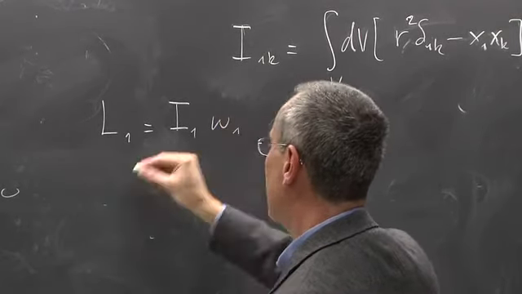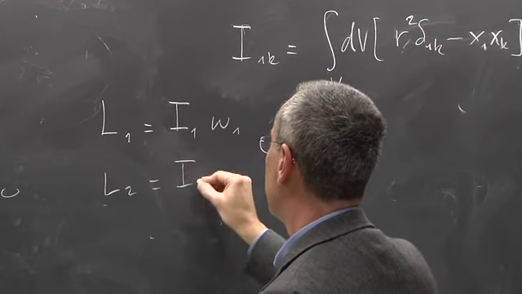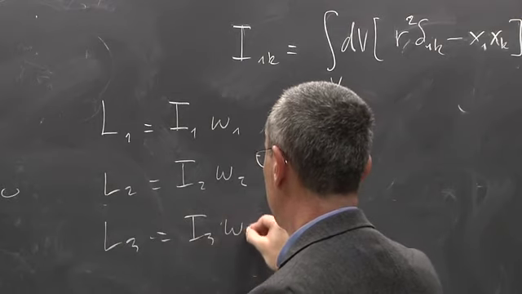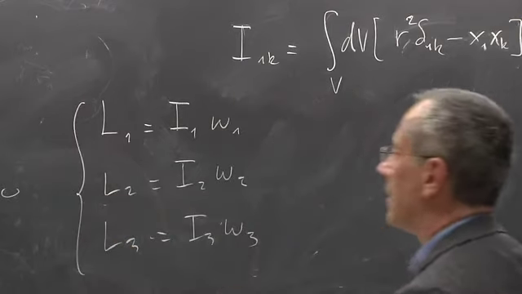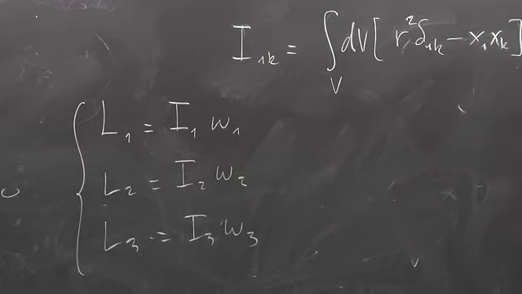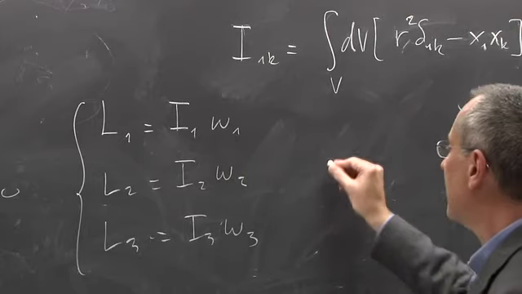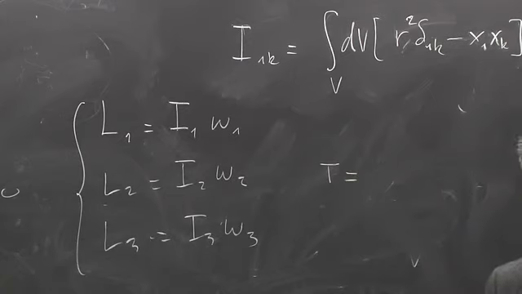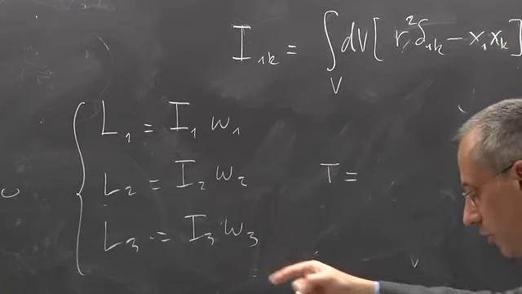And so you see they are just all proportional in this case. So I can write my three components in this form, and then the kinetic energy is much simpler. I don't have to introduce this tensor. I just have these three components.